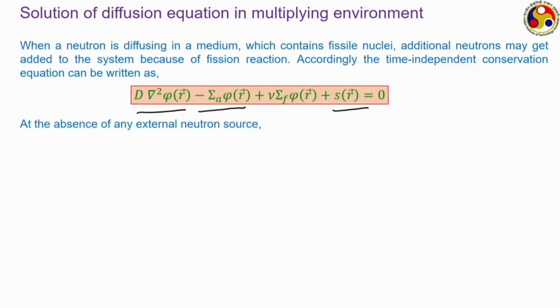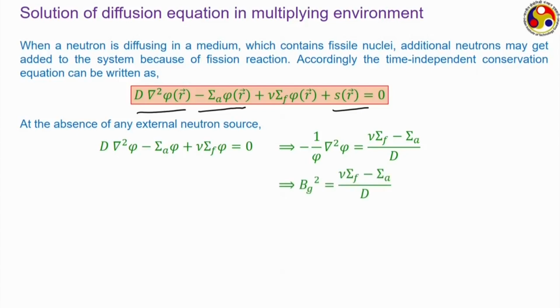If the neutron source is absent, then this S goes off, and then we can rewrite this equation to a form like this: minus 1 by phi del square phi, or the Laplacian of phi, should be equal to nu sigma f minus sigma a upon D. If you remember our earlier definition, this particular term is referred to as the geometrical buckling Bg square.